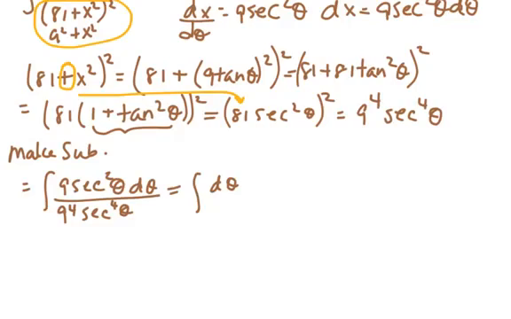One of these is going to cancel out, and you're left with 9 cubed on the bottom, and secant squared here. So this is d theta over 9 cubed secant squared theta. You don't have to, but I like to replace this with cosine. It's easier for me to see. So this is cosine squared theta over 9 cubed d theta.